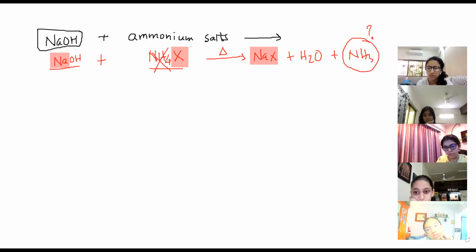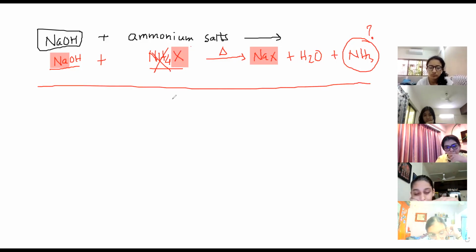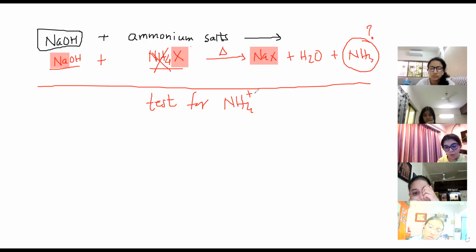No, because the ammonia is coming from ammonium only. If there's no ammonium, how can I get ammonia? So that's the reason why this reaction is used as a test for ammonium.